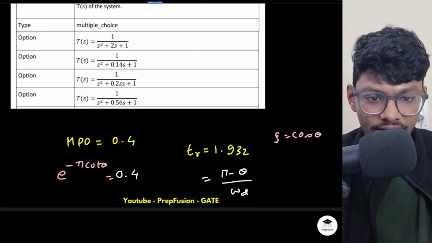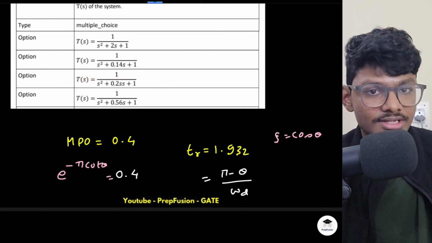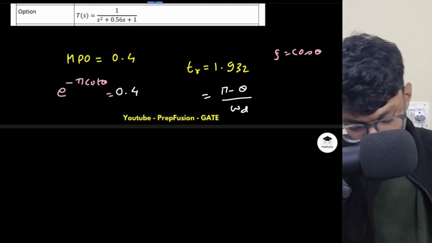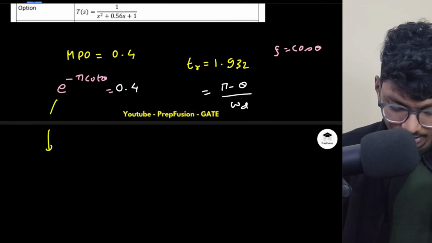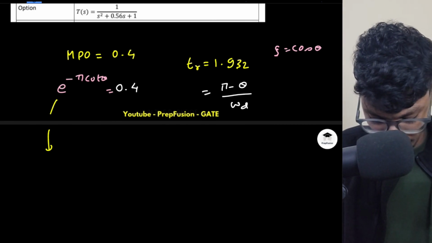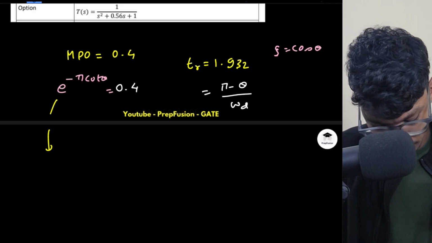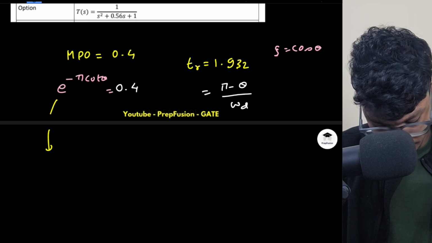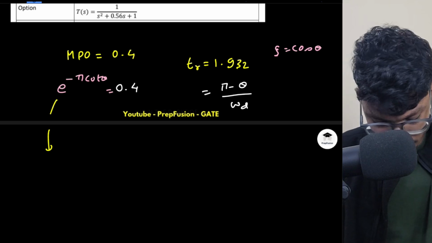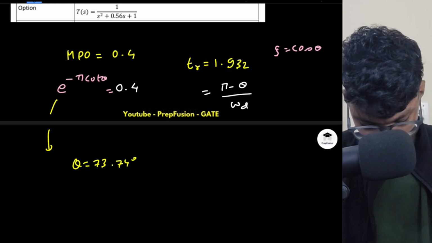From here I will calculate omega n, and from here I can directly write the characteristic equation of a closed loop system. So from here I will calculate theta, right? So it will be ln of 0.4 divided by pi, then if I take the tan inverse, theta is 73.74 degrees.